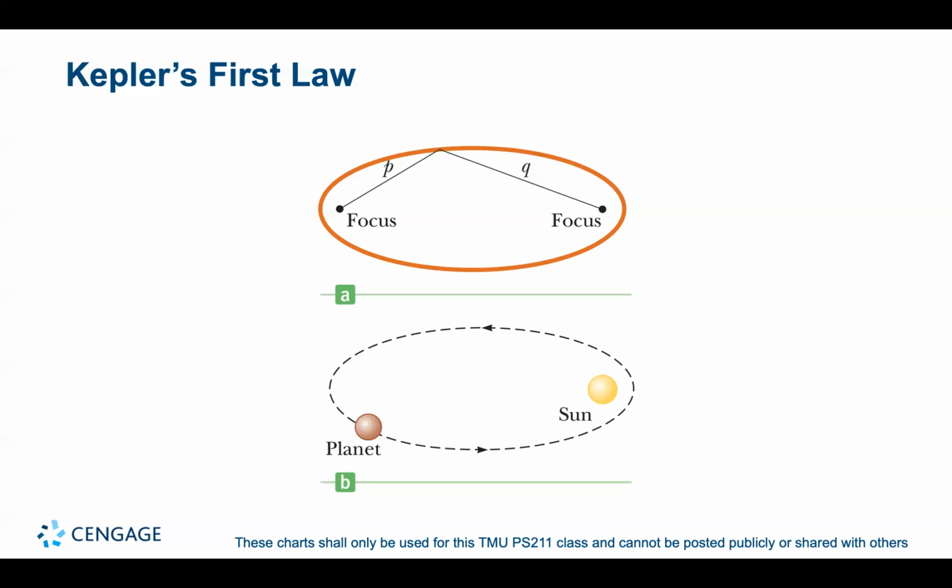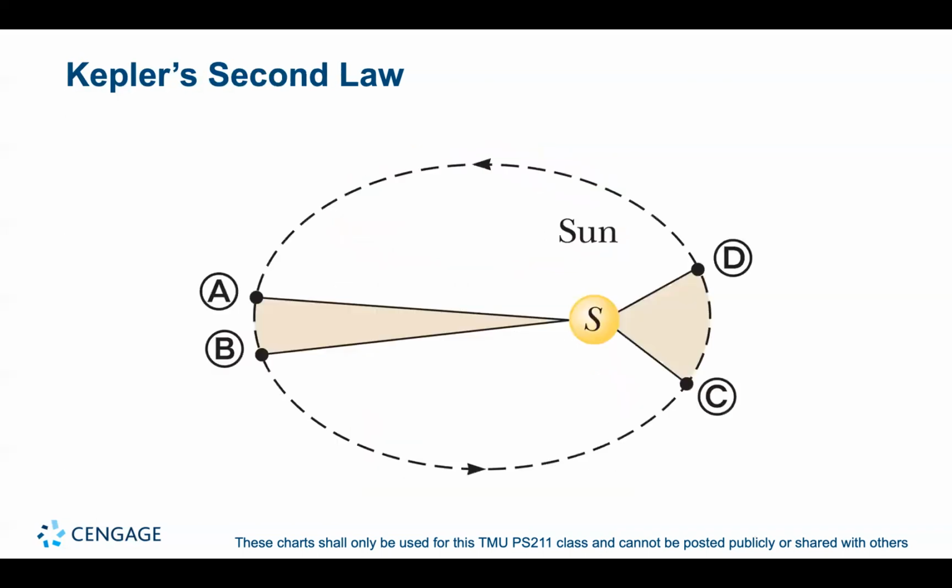For the sun-planet configuration shown in the bottom figure, the sun is one of the foci, and the other focus is empty. Because the orbit is an ellipse, the distance from the sun to the planet is continually changing. Just keep in mind that the foci shown are exaggerated. You don't have ellipses that are that skewed, but it is probably helpful for you to see it that way for illustration.